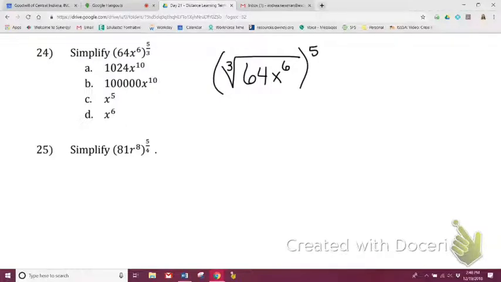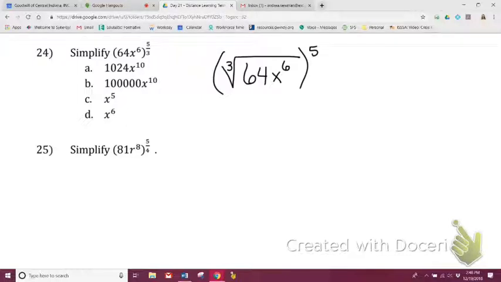Since it wants me to simplify this, I need to take the cube root of 64. I'll need the calculator. On my calculator, remember the order's different.